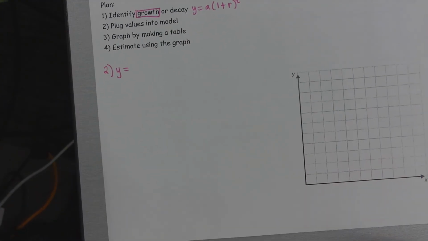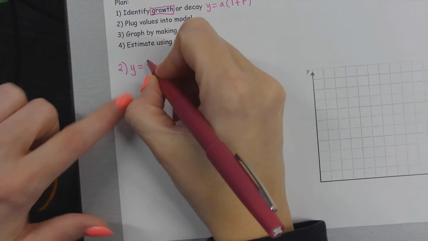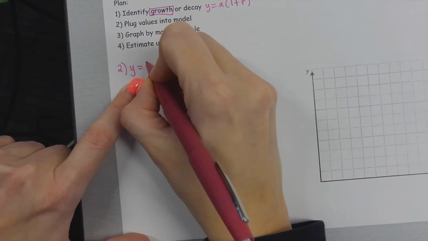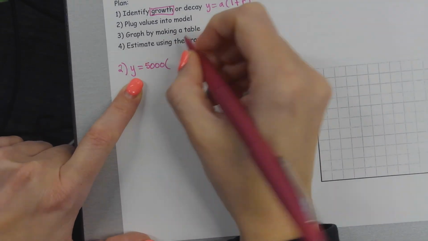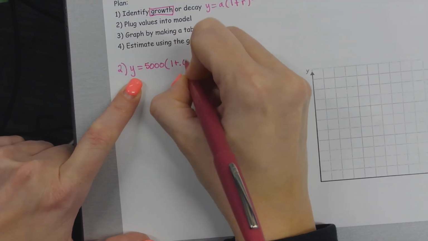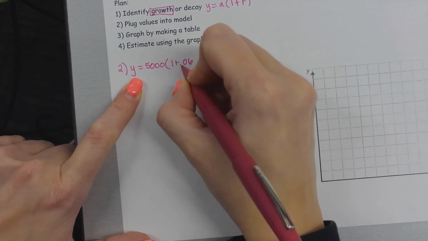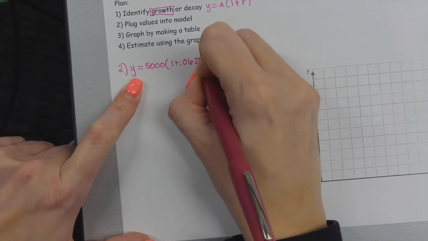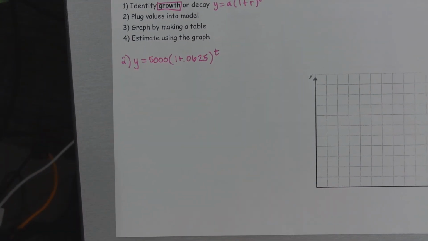How many would you get for your growth model? Did you say 0.065? Great. Yes, to the power of t.